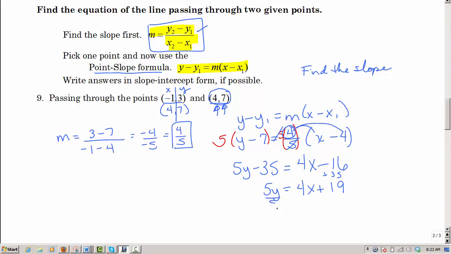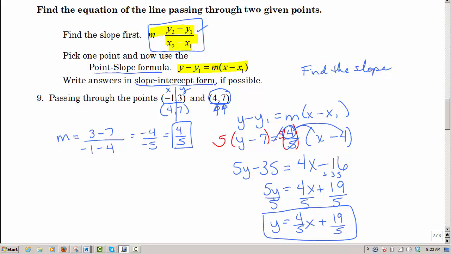Then I'm going to divide everything by 5. And there's my answer in that slope-intercept form. I challenge you to work that problem using -1, 3, and you will get the same answer.